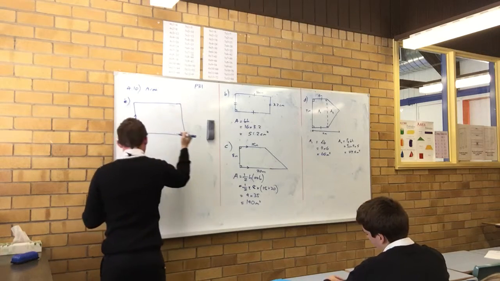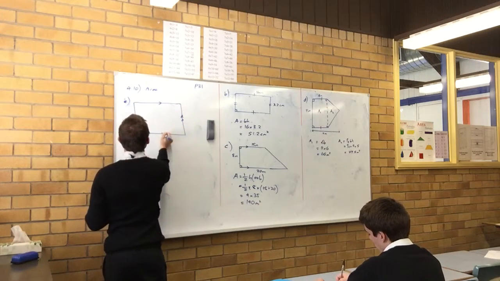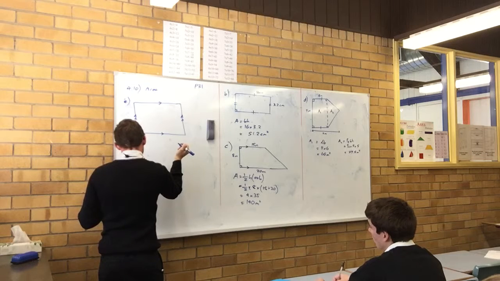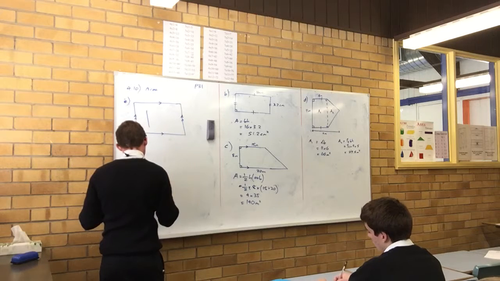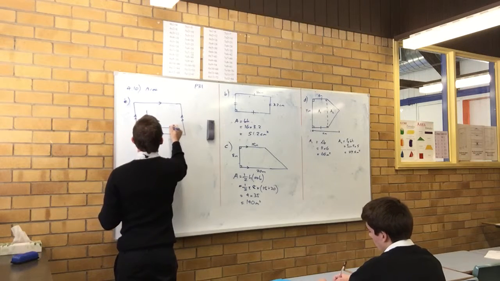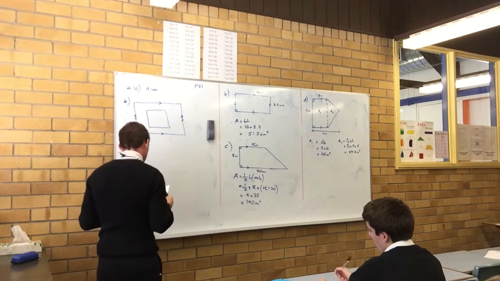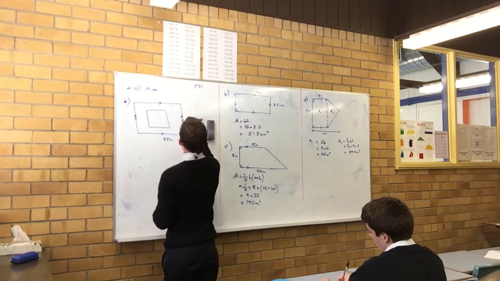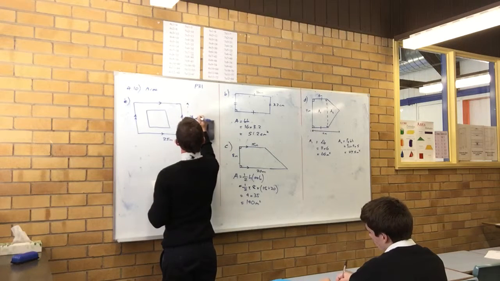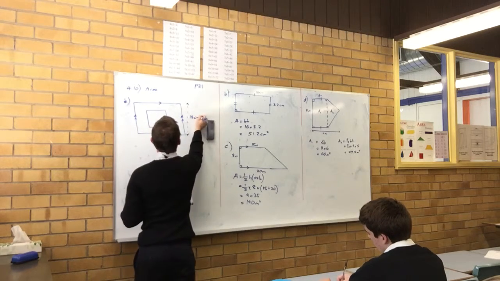Alright, what are you told? They're parallel. These are parallel. And you're also given 5 metres, 18. Sorry, 25 centimetres. 18 centimetres.